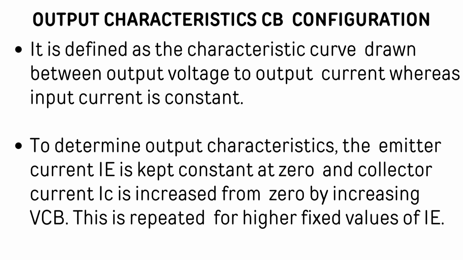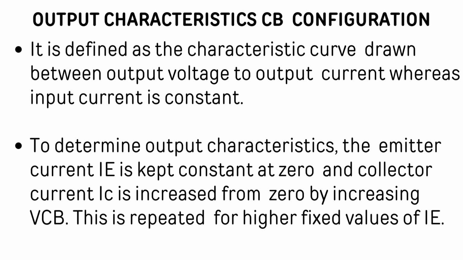Output characteristics of CB configuration. It is defined as the characteristic curve drawn between output voltage and output current, whereas input current is constant. To determine the output characteristics, the emitter current IE is kept constant at 0 and the collector current IC is increased from 0 by increasing VCB.